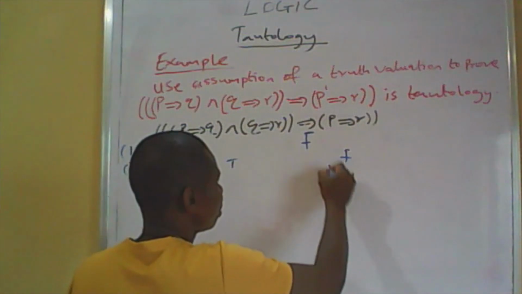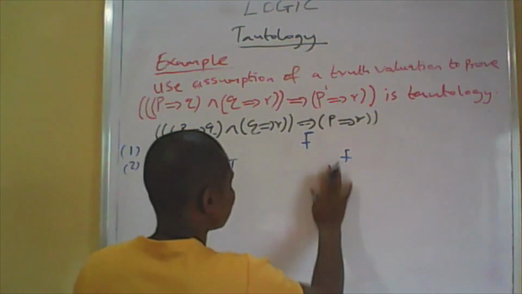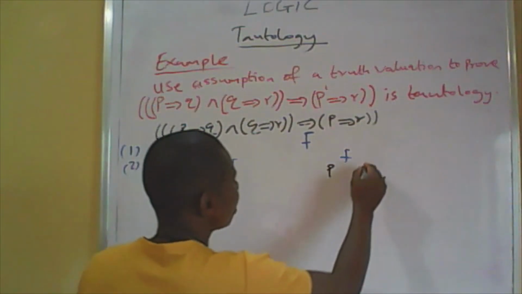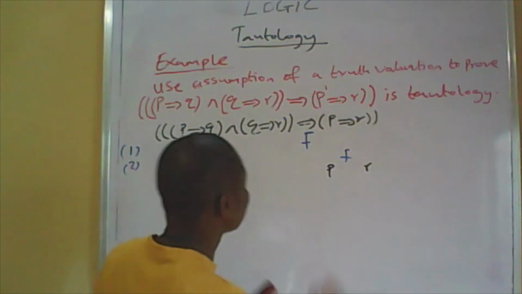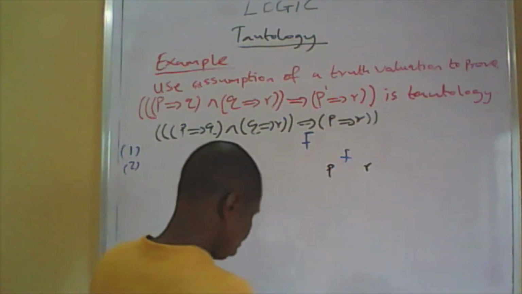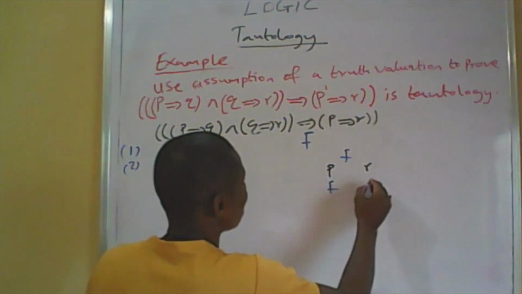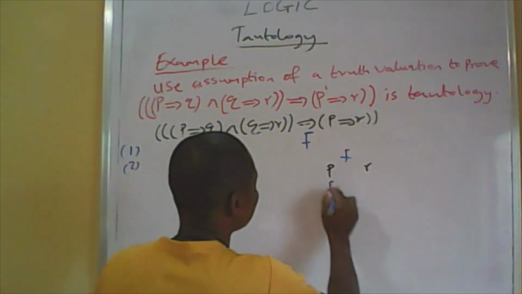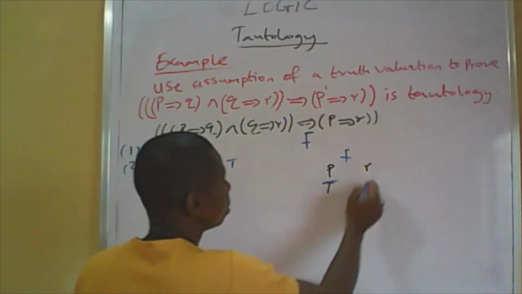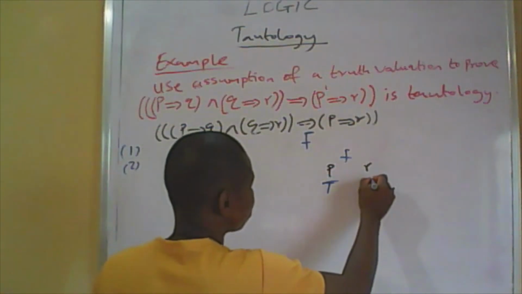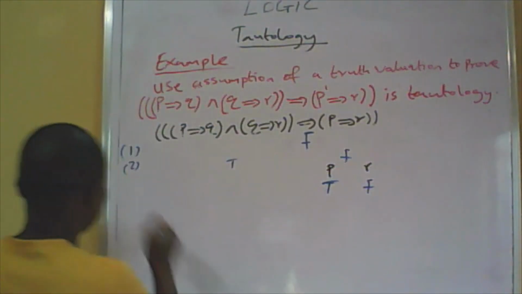That means P is true, then R will be false. That is that. You call it line 3.